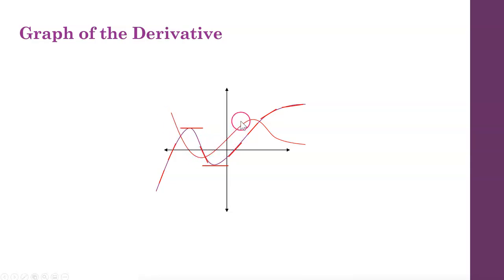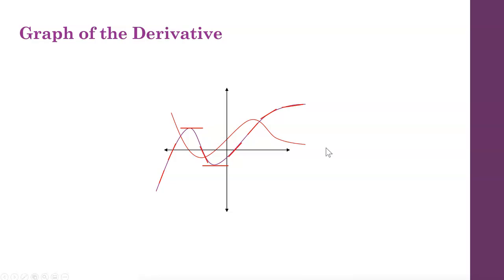Then it gets bigger, and at some point it changes and keeps getting smaller. It almost becomes 0. But this function is not going to become horizontal. It's just going to continue growing, but the slope is pretty small.